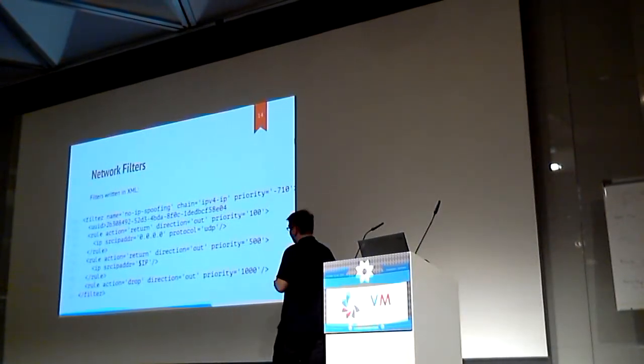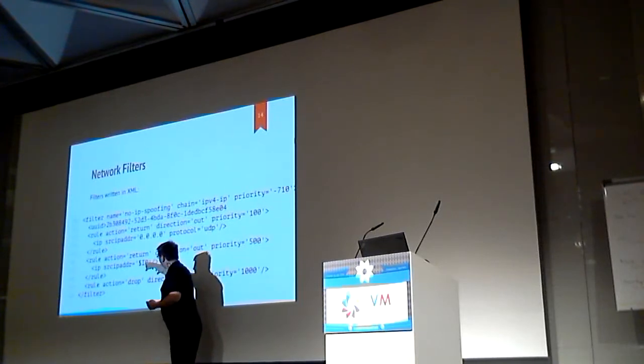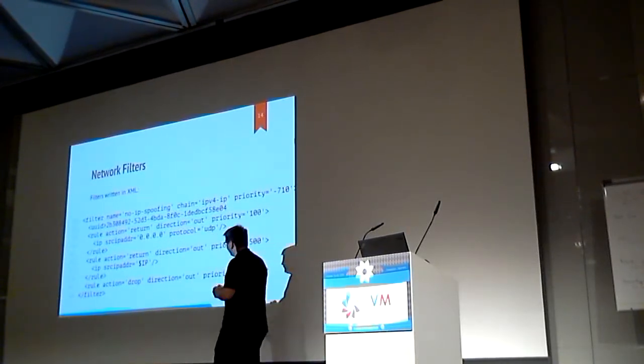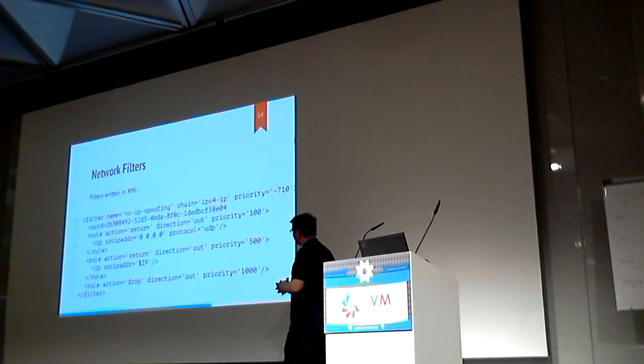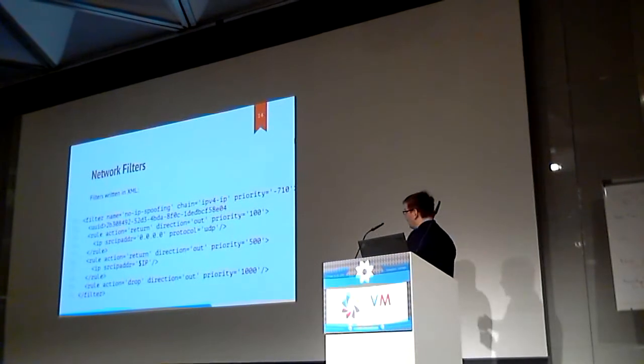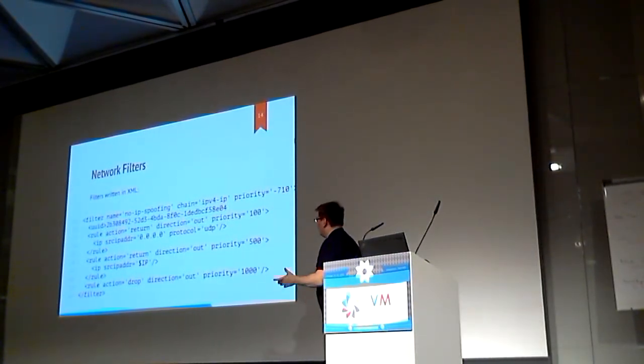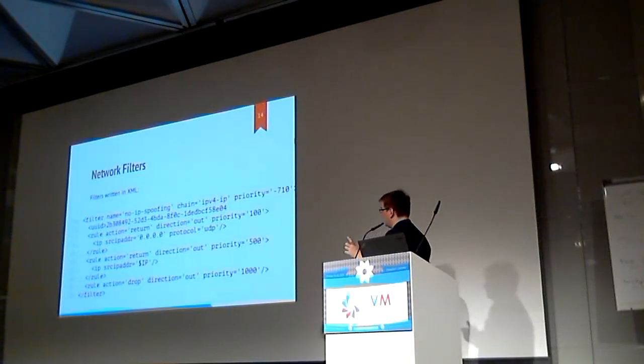And this is important to note. This is the place where the variable will be replaced with its value once the filter is evaluated, which happens when the domain is starting up. I should mention that some variables are special variables in libvirt.